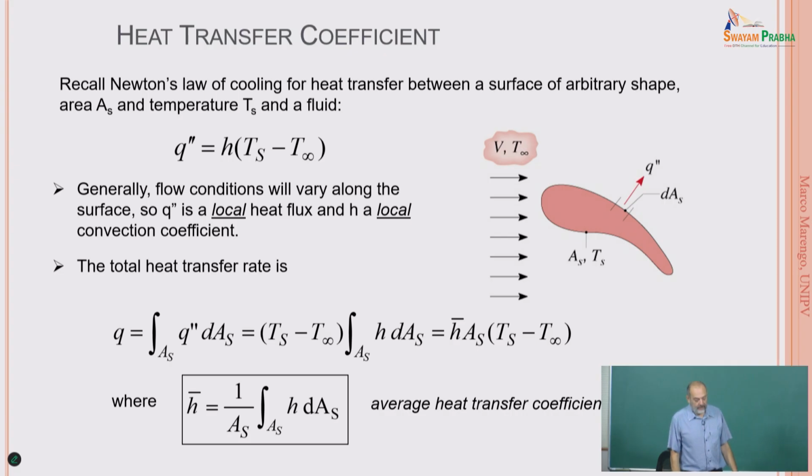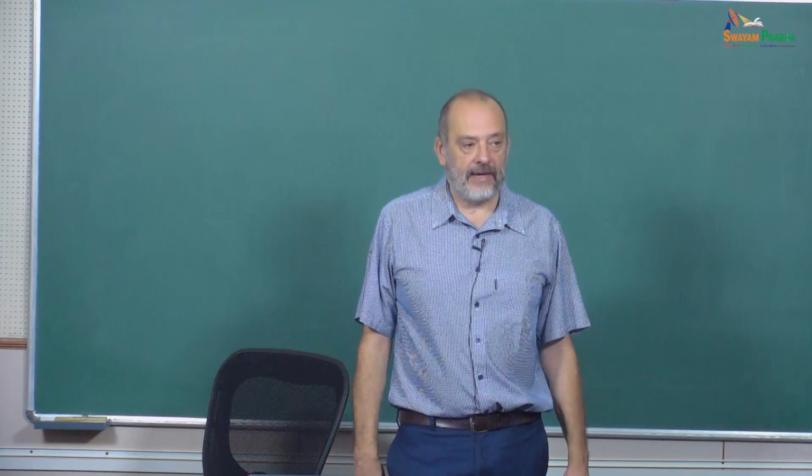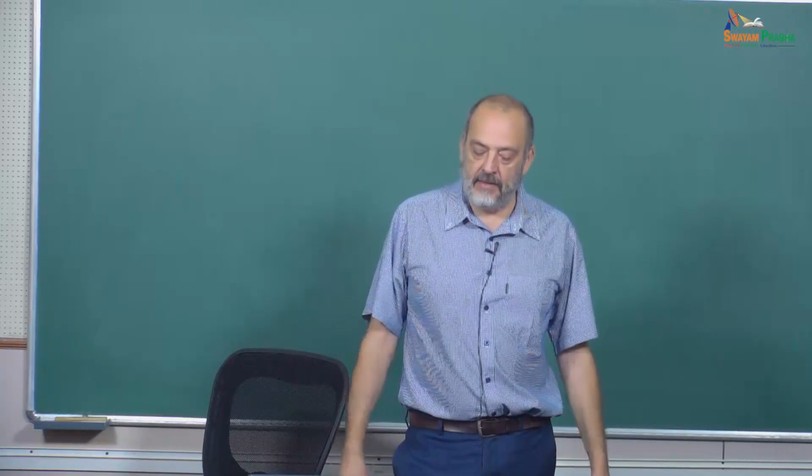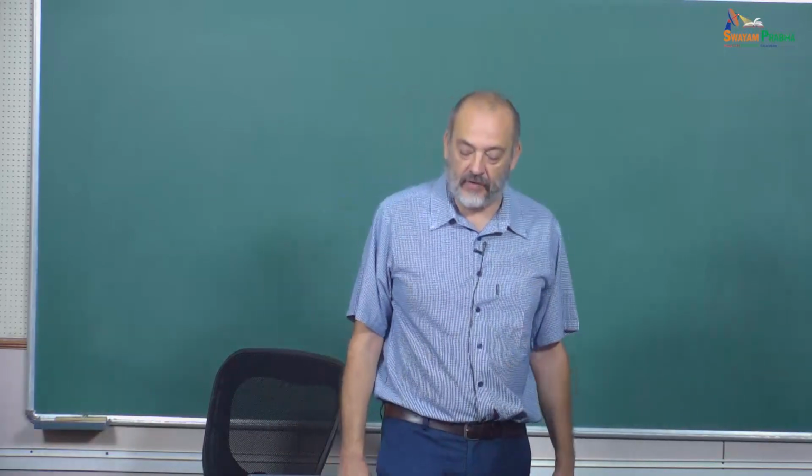So the total heat transfer is linked to the fact that we need to know the variation of H along the surface. So at the end, very often we use an average heat transfer coefficient when H is varying.